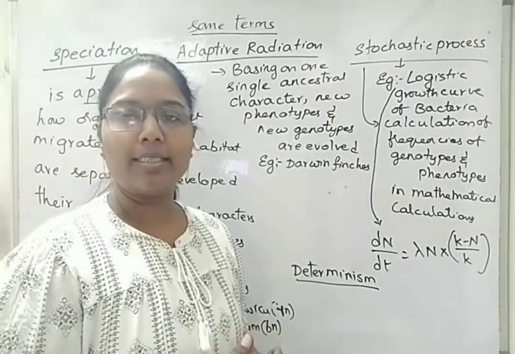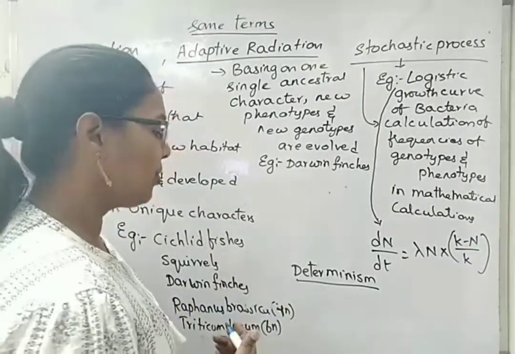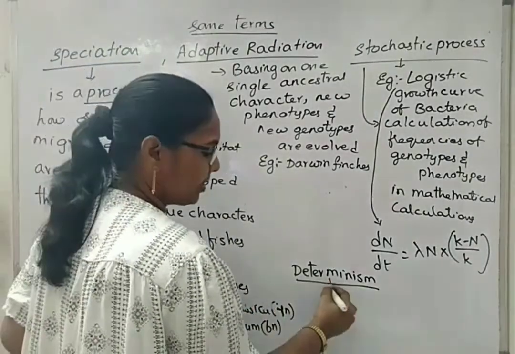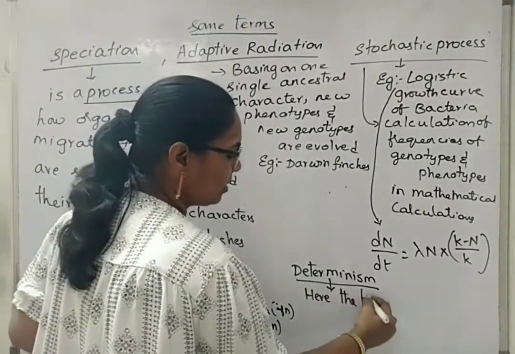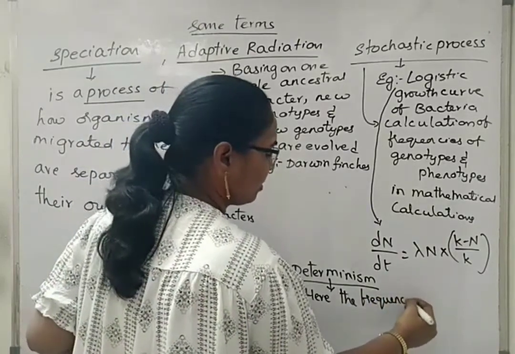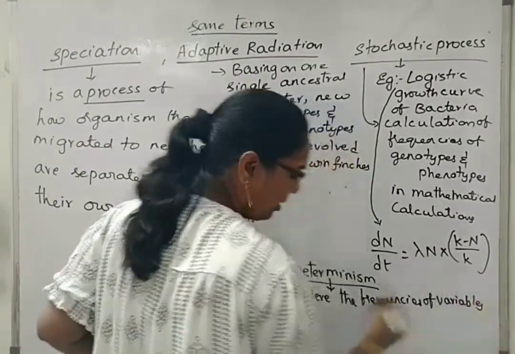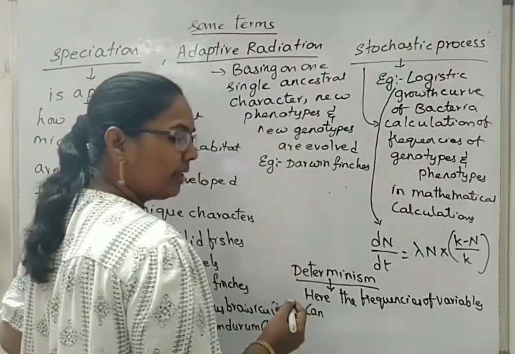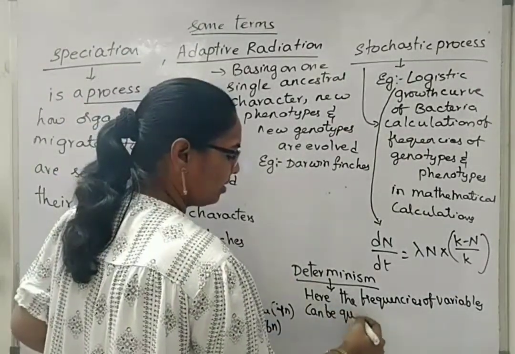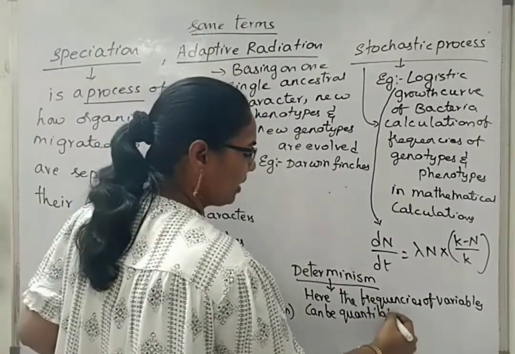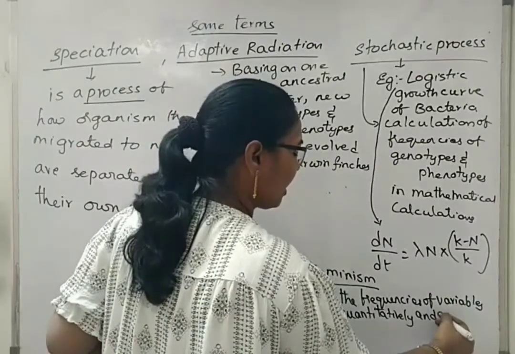We can easily analyze how the person is behaving, how he is expressing his attitude. Such terms are expressed in determinism. So here the frequencies of variables can be easily analyzed or calculated, quantitatively and qualitatively.